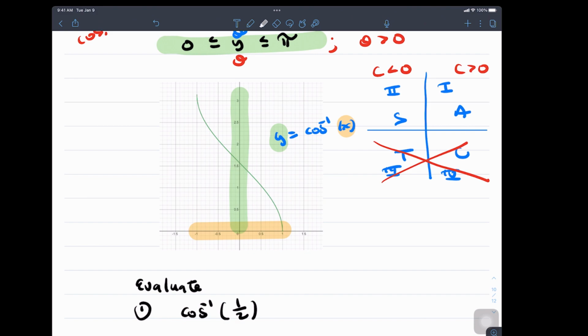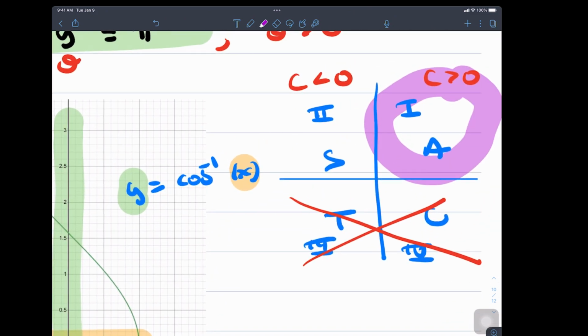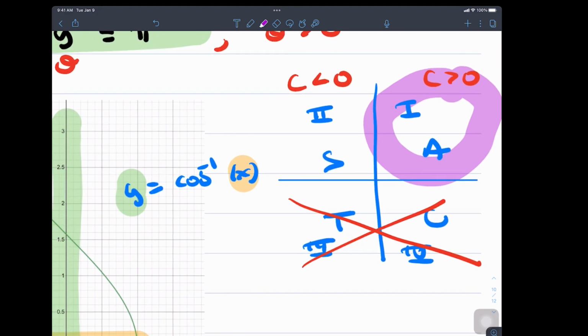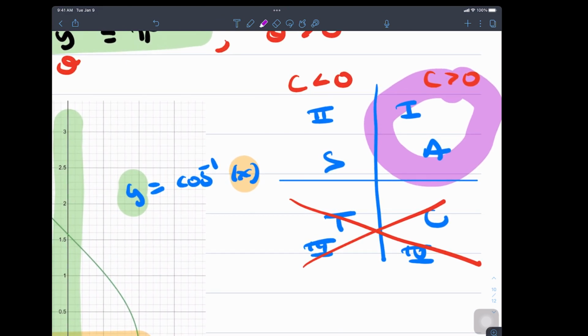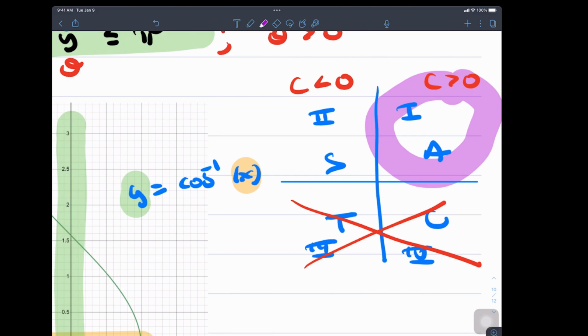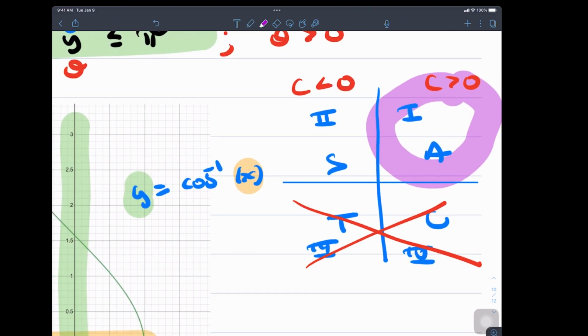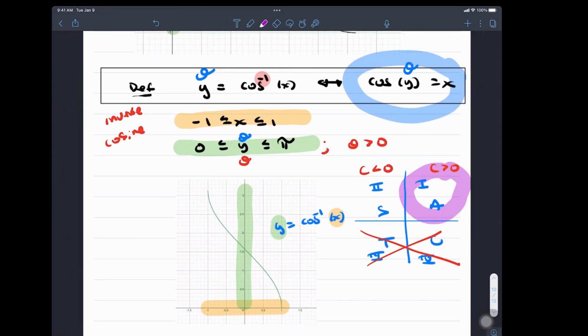So in other words, quadrant 1 is that reference quadrant. That's pretty much what they're talking about because cosine is positive in quadrant 1. Now, what do you guys know about quadrant 2? Cosine's negative. So if cosine were negative, it would be a quadrant 2 angle. And that's the logic behind it, okay? Cosine's positive, quadrant 1. Cosine's negative, quadrant 2.